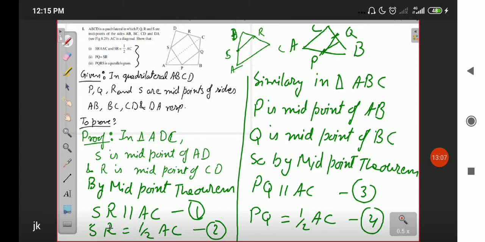Now, in equations 1 and 3, you can see that SR is parallel to AC and PQ is parallel to AC. So we will say that two lines parallel to the same line are parallel to each other. And using equations 2 and 4, SR is half of AC and PQ is half of AC. So we will say that two lines equal to the same line are equal to each other.